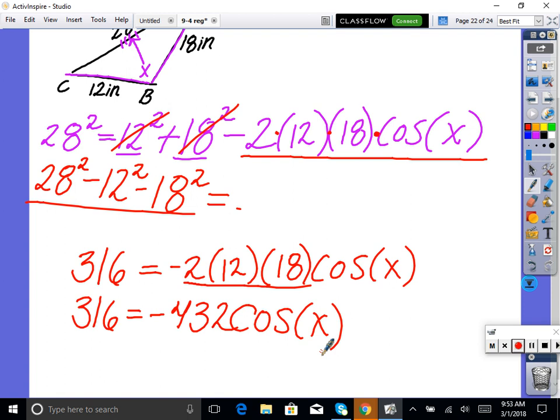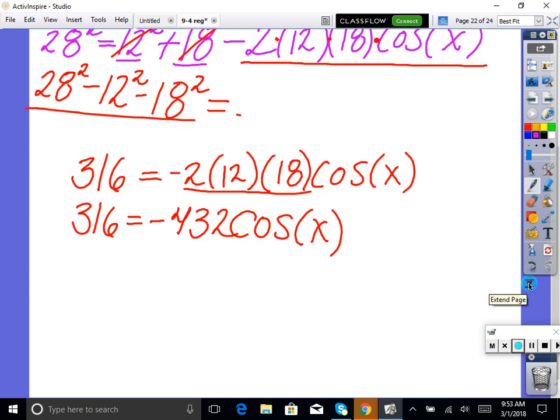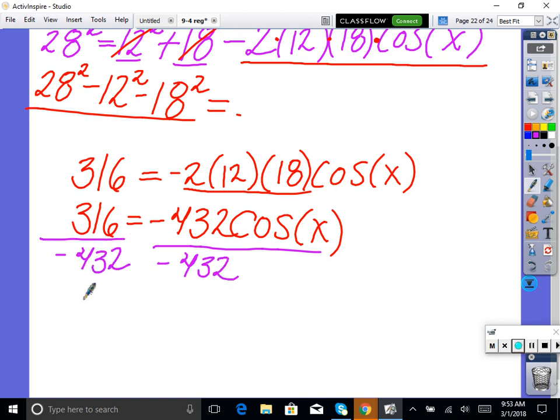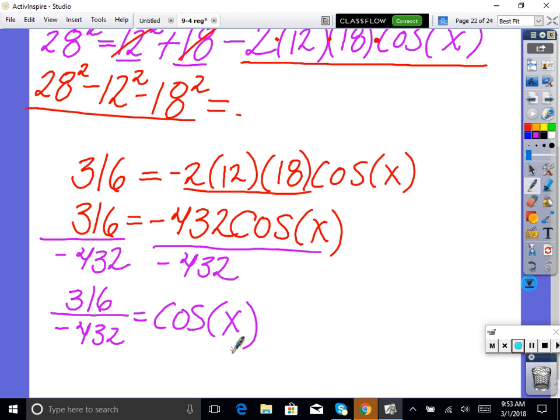How do we get that over? Divide. Okay. So you'd say I'm trying to get x alone. So now I'm going to divide both sides by that. So rewrite what you have. We have now 316 divided by negative 432 is equal to cosine of x.